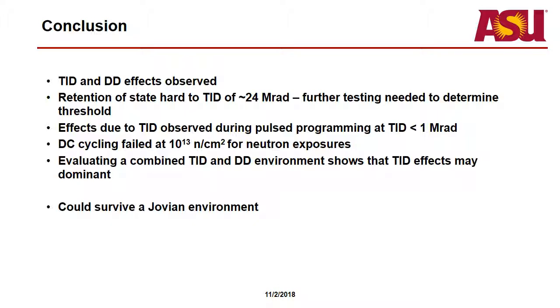And so in past studies, we've never seen any kind of effect due to purely TID. These effects are very significant because this is the first time we've seen them electrically, with the CB-RAM being responsive to TID at any exposure below 1 megarad.